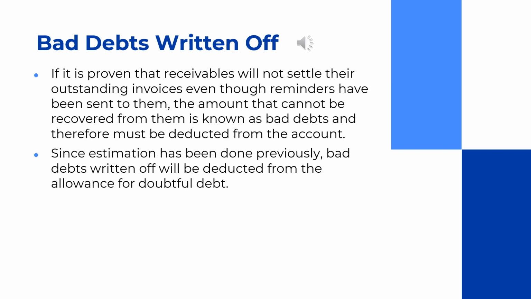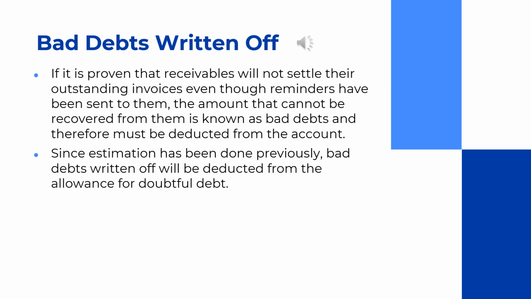Therefore, when it is absolutely proven that the debt cannot be settled by the receivable, although reminders have been sent to them several times, the amount that cannot be recovered from them is known as bad debts, and it must therefore be deducted from the account.